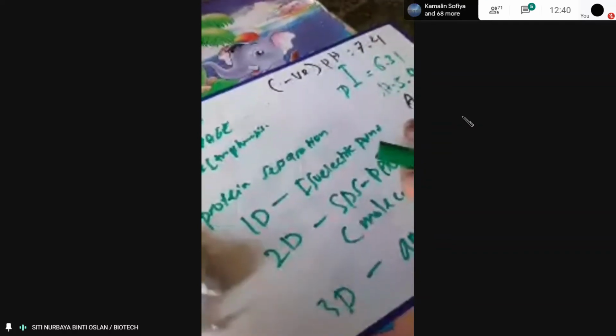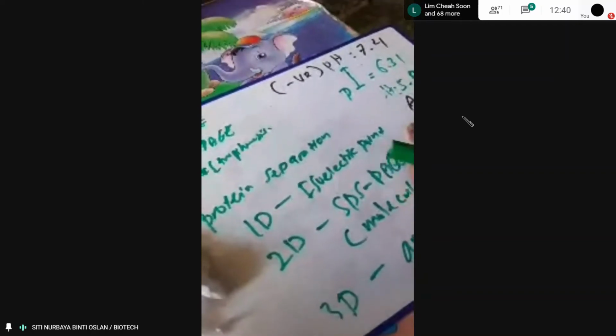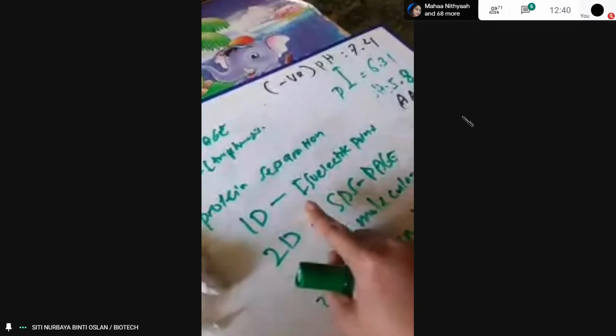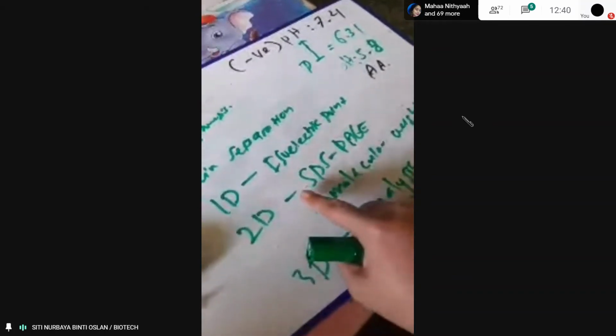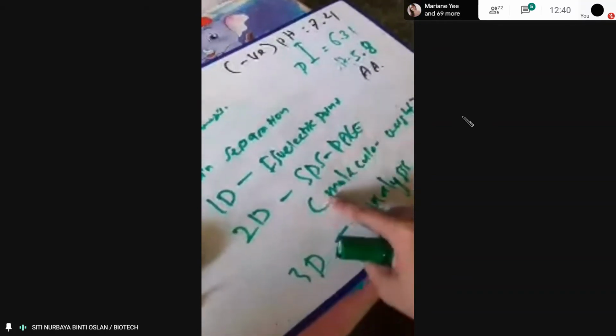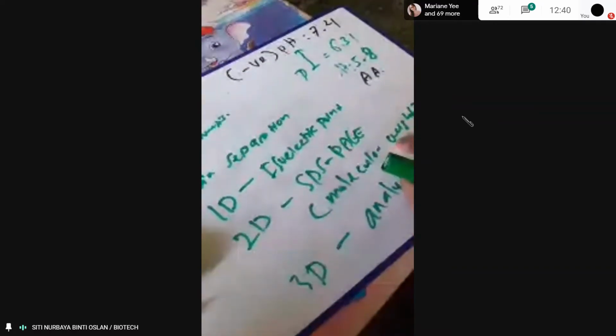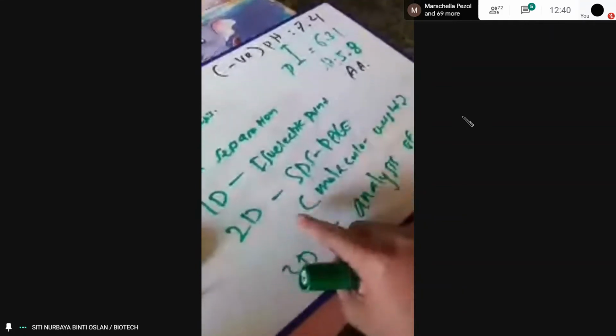After completing the isoelectric point determination, we will continue with the second dimension, which is SDS-PAGE. The protein will be separated based on the molecular weight, the one that we have done in the lab.